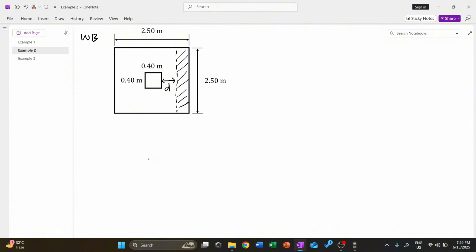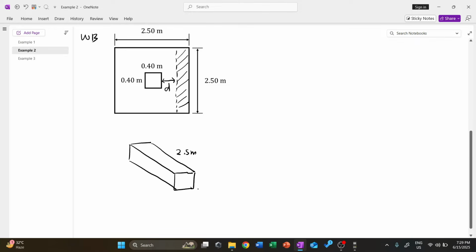So, for example, yung naputol na section na yan, ang kanyang itsura ay parang ganito kunyari. Okay? So, meron tayo ditong 2.5 meters. Tapos, yung kapal ay hindi natin alam. Okay? So, ito yung gusto nating malaman, yung thickness na yan.